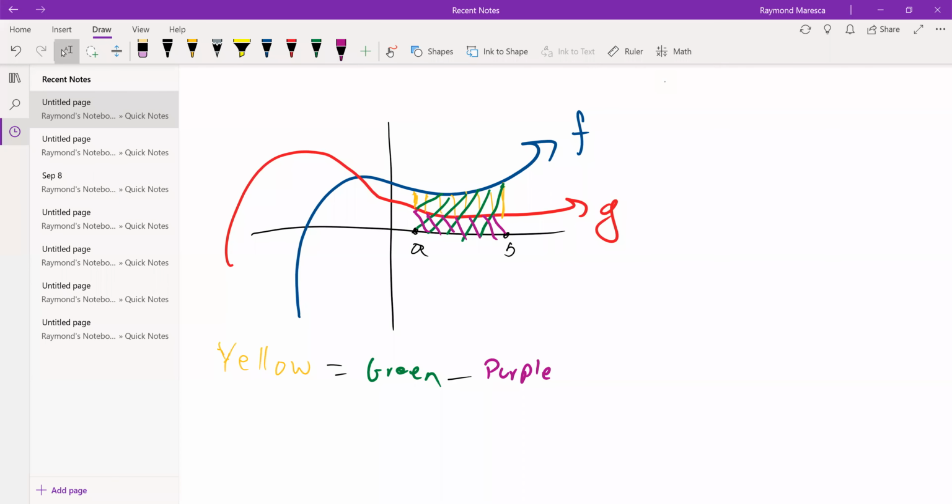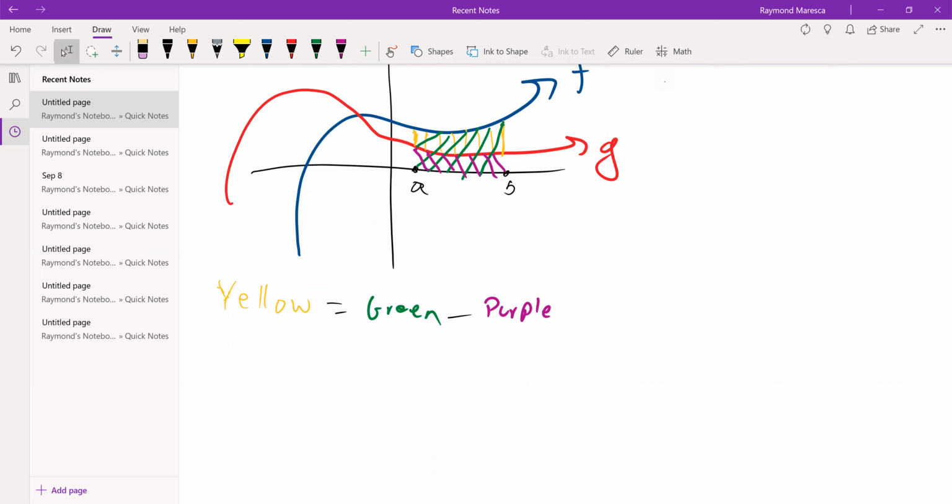And this actually is true. So how do we write this mathematically? Well, we say that the area between the curves, in this case, is given by the integral from a to b of f of x dx, because that's precisely what that green area is.